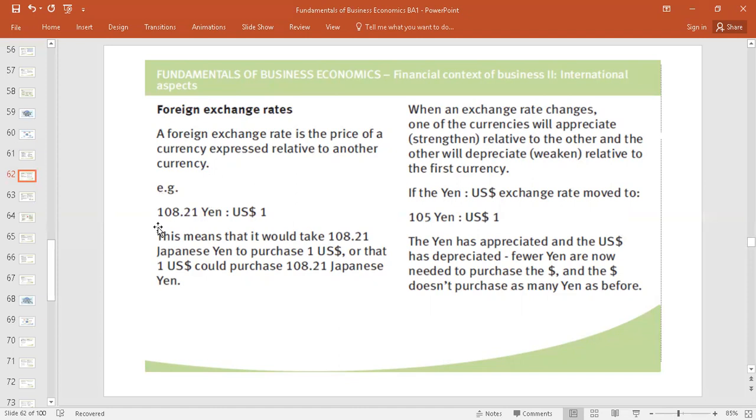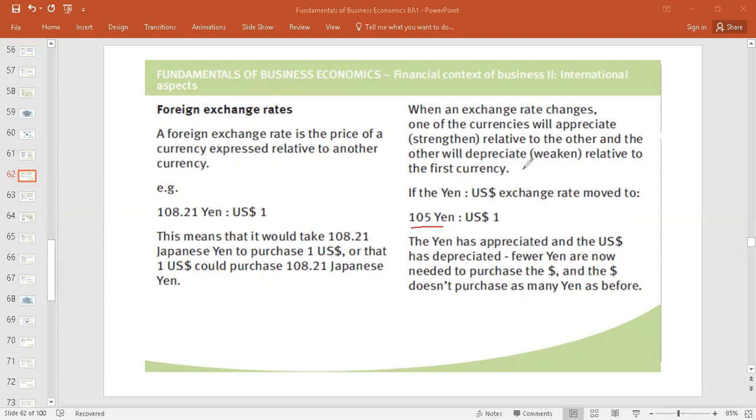But let's say if the value of yen has changed, if the number of yen needed to purchase $1 is 105, then we call that yen has strengthened.